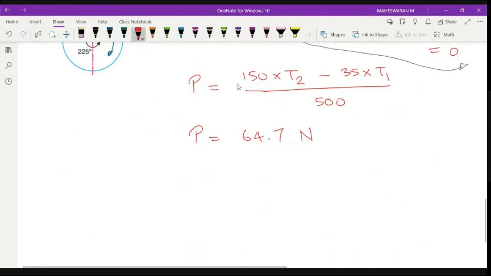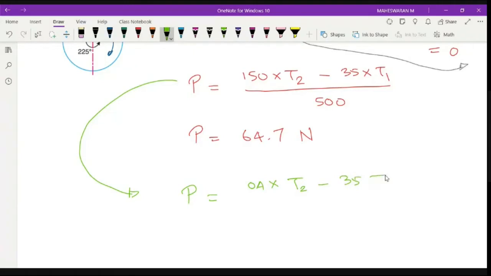So I will write this equation in a different way. P is equal to, instead of 150, I will put OA. OA into T2 minus 35 T1 divided by 500.